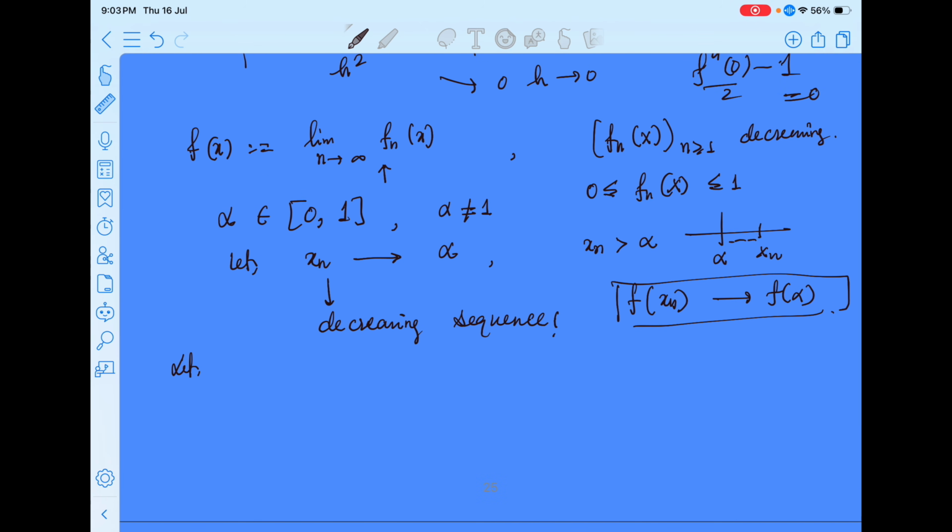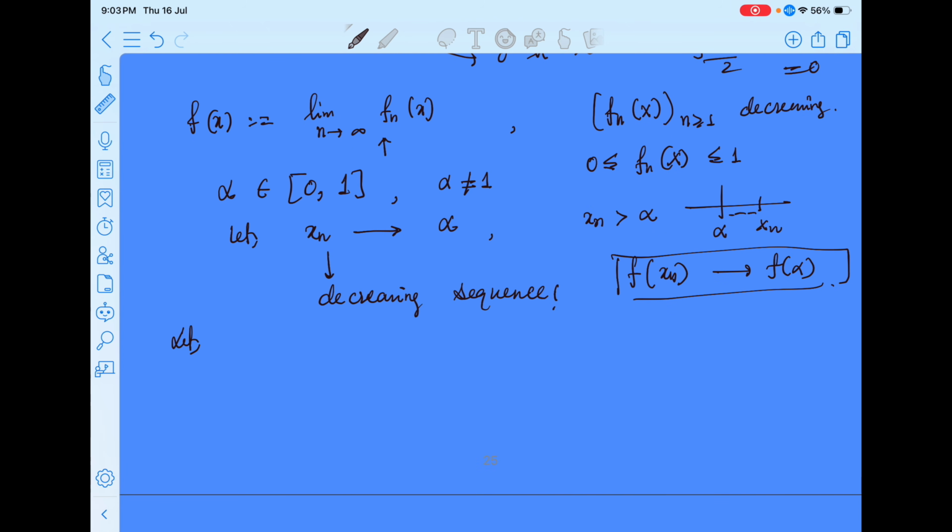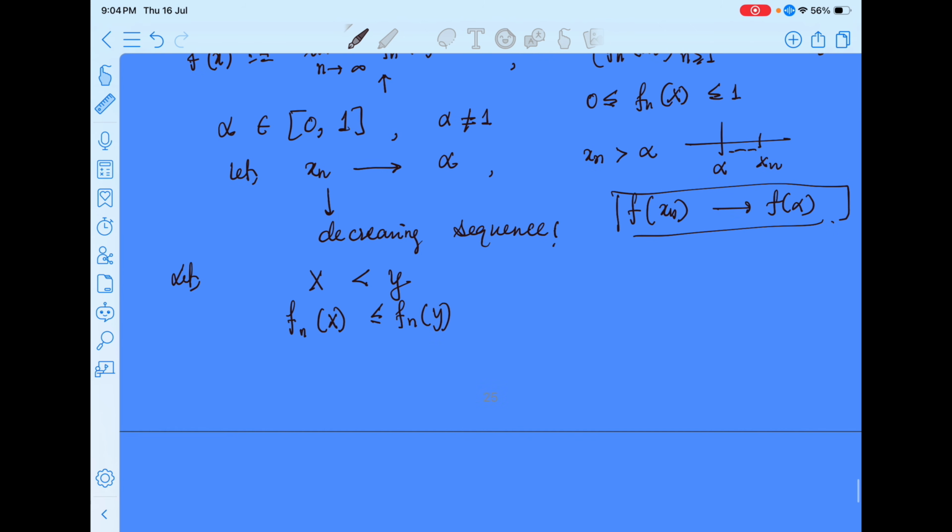First of all, observe that if x is less than y, then f_n(x) is less than or equal to f_n(y), because f_n are increasing functions.